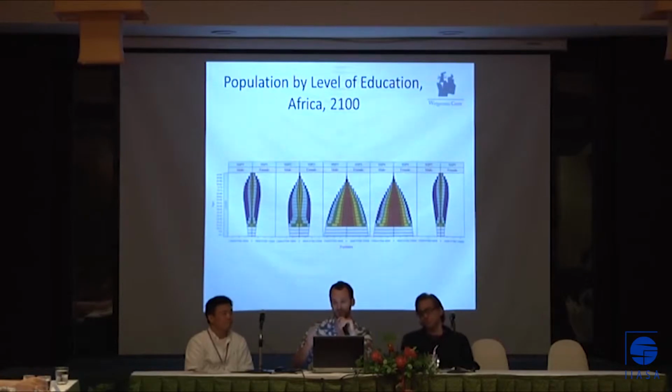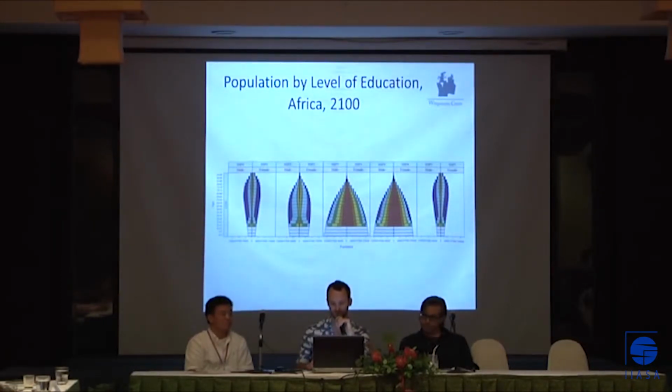Well, it will have a big impact, but remember that this is the aggregate of Africa, and a lot of the migration is actually happening within Africa, and so this difference in migration does not really amount to such a large overall difference in these pictures.